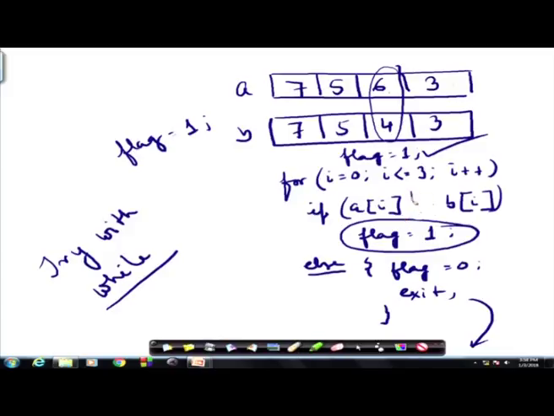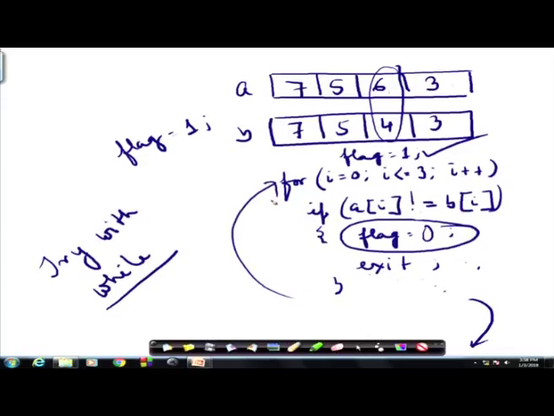If A[i] is not equal to B[i], then make flag 0 and exit. I could have done this. As long as this condition is not holding, I am going on doing the loop. Is it clear? I will go on doing the loop as long as there is no mismatch. This condition means mismatch. As soon as there is a mismatch, I will set the flag to 0 and exit. This is another way of solving the problem.